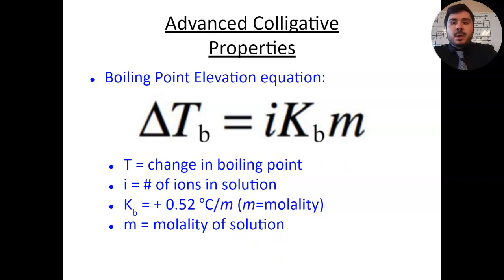Now, let's say you've got a different scenario here where you've got MgCl2, okay? Well, now this is going to break apart into different ions here. The Mg ion is going to be Mg2+, of course, that we're all very familiar with, but it's also going to break apart into a Cl- ion.